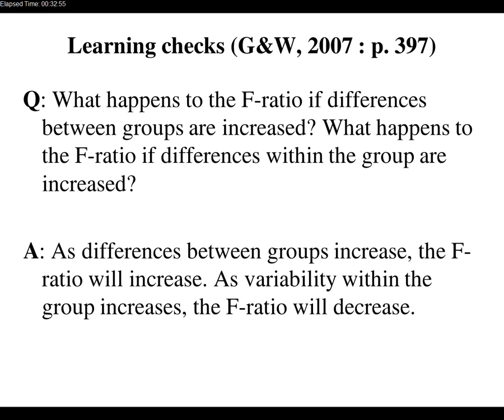As variability within the groups increases, the F ratio will decrease. Remember, we're using the variance to compute the differences in means, and it's simply changing the numerator and denominator. The F ratio decreases because the denominator is going to be bigger.